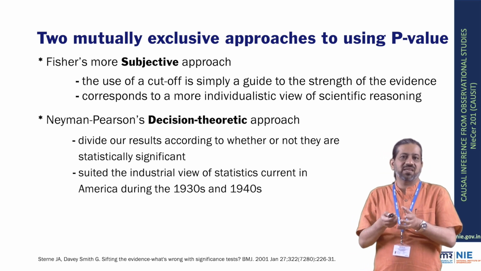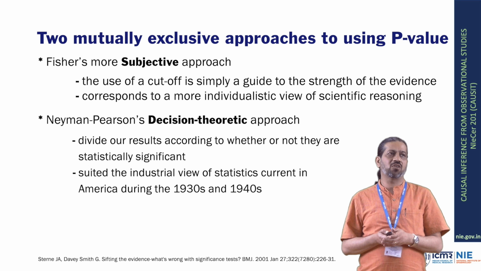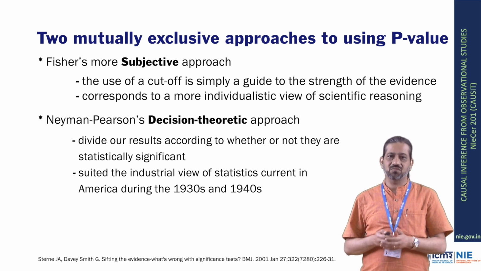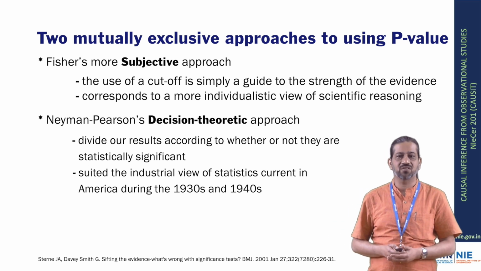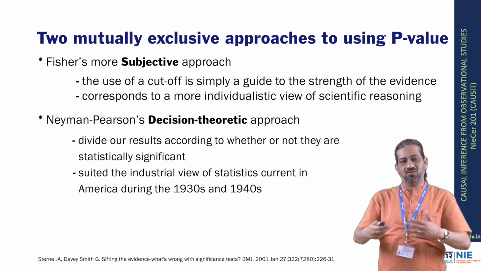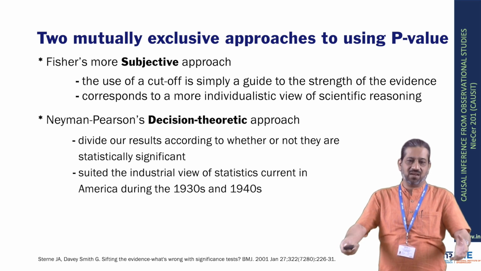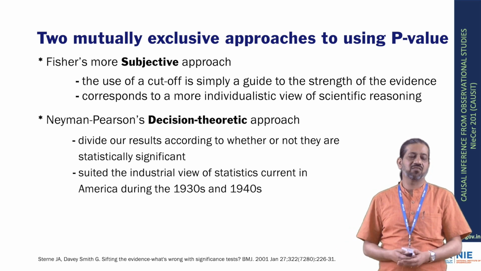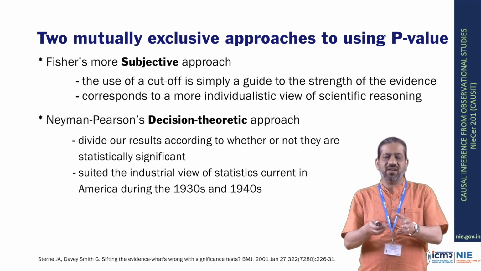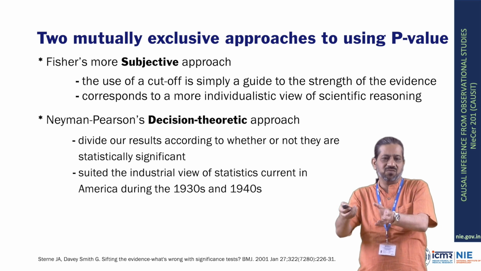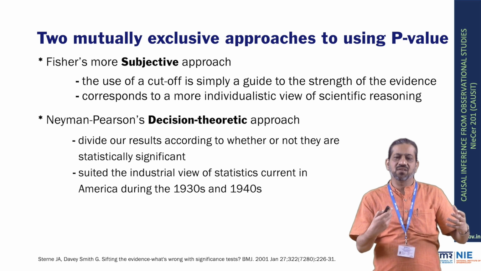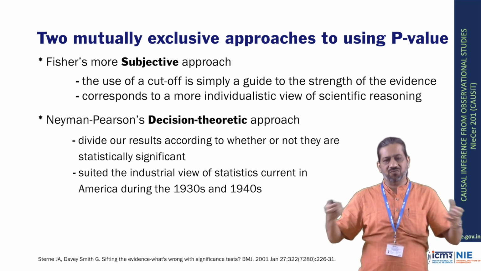This decision-based approach was something that was useful from an industrial point of view, because at that time, remember that America was going through a kind of industrial revolution during the 30s and 40s. And even in the industry, it was good to use. So if you had, say, 100 products being manufactured in a batch, and you found that more than 5 of these products had some defect, you could reject that entire batch instead of checking each of the 100 articles.